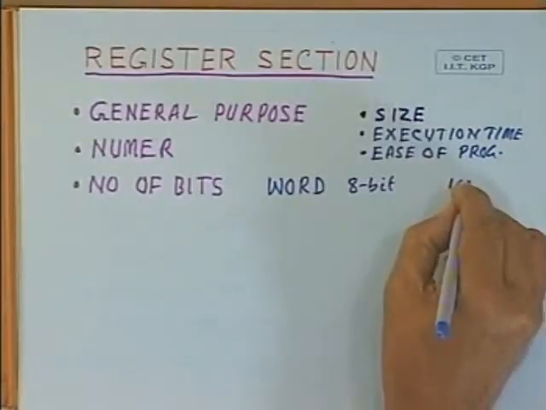So you have to devise some mechanism by which you can store that 8-bit data as well as 16-bit address using the same registers. And later on we shall discuss the concept of register pair, by which the same set of registers can be used to store address as well, which are 16-bit.